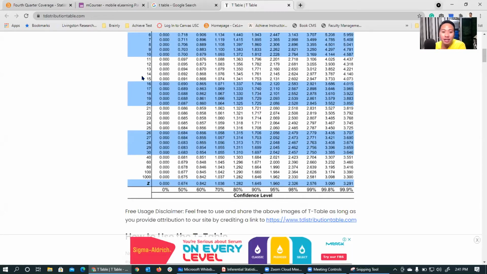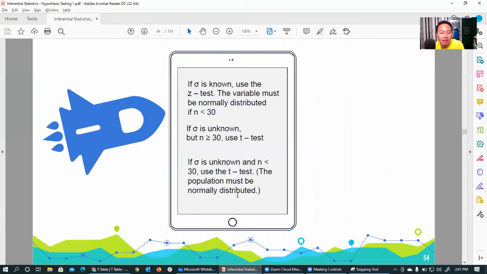Okay, so let's proceed to one more example. Again, as I've mentioned, let's talk about these pre-qualifiers. This symbol that you see is the symbol for population standard deviation. If it's known, use z-tests. So if your population standard deviation is given or known, you have to use the z-test.